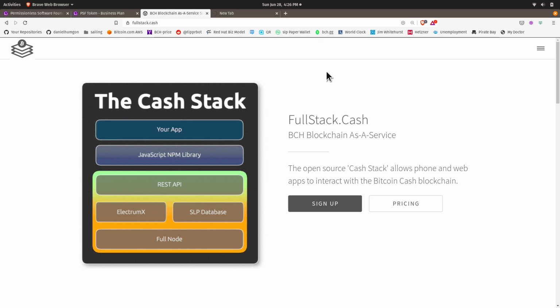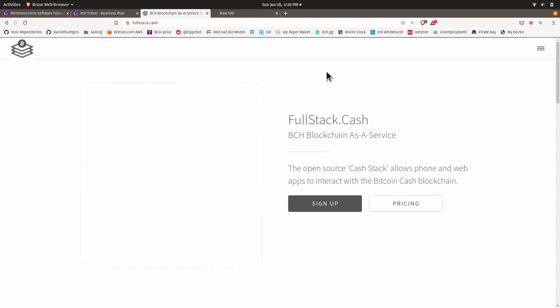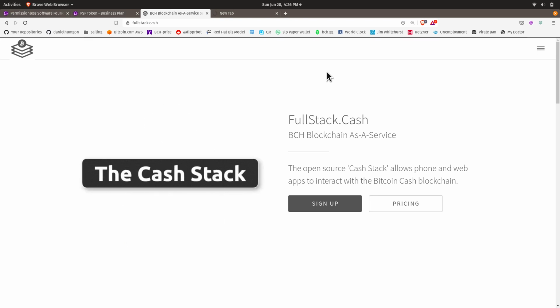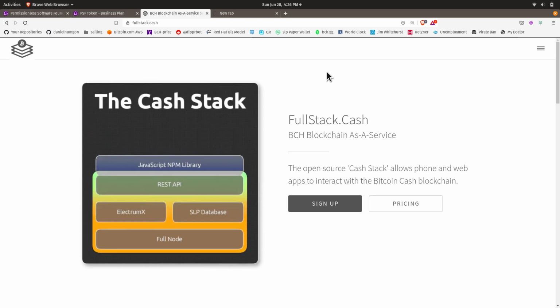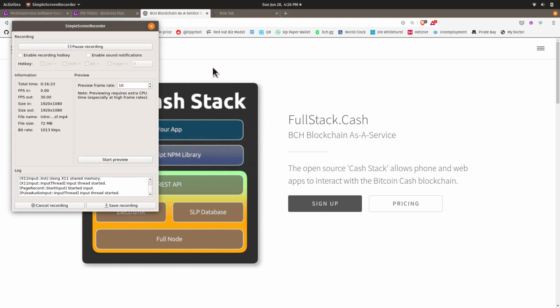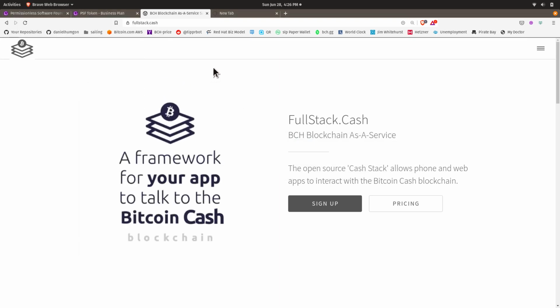And as you can see in that little animation, it is a software stack for building applications like phone apps and web apps. Oh, there's a plane flying overhead.